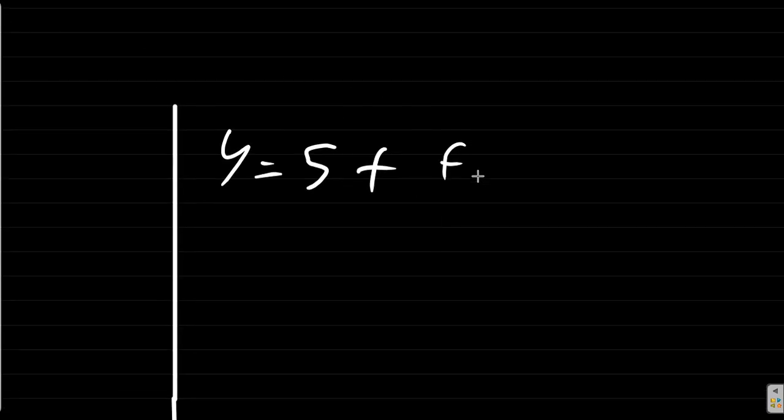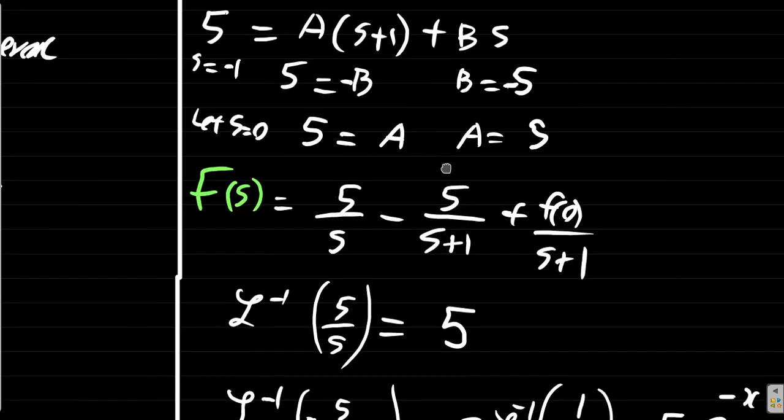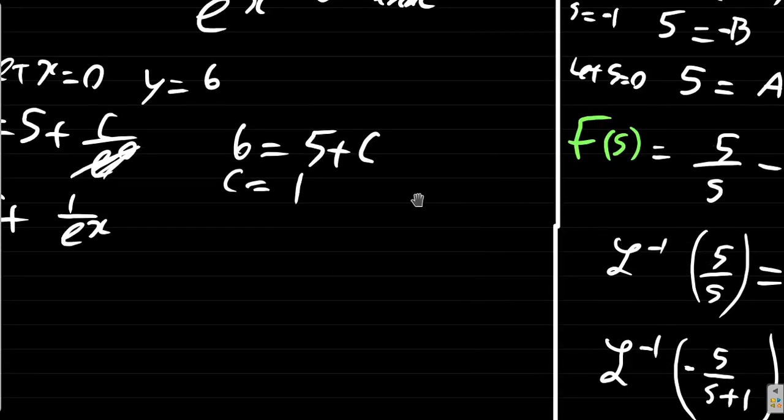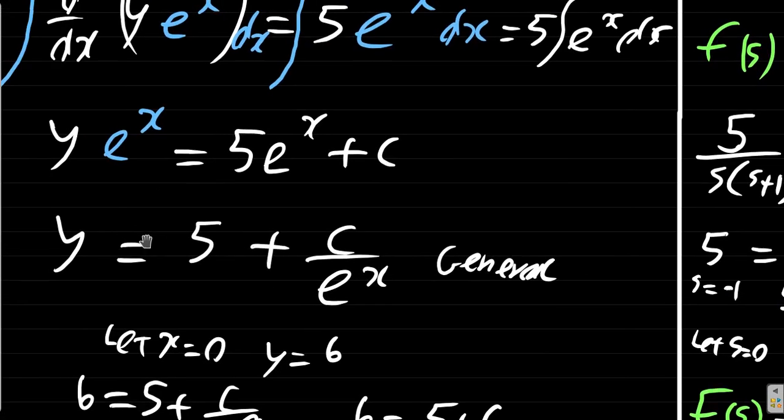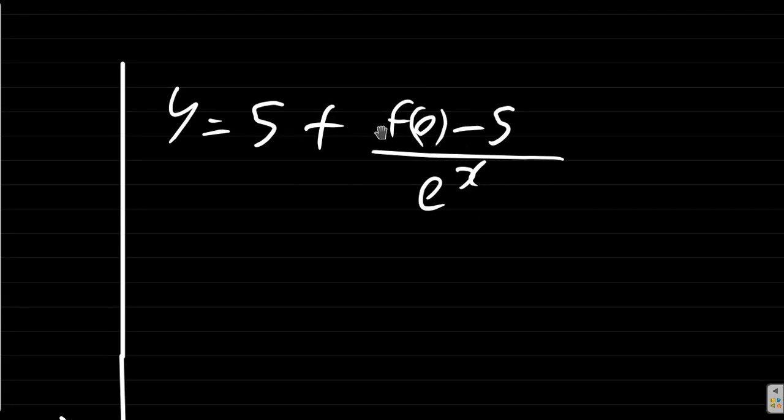Looking at them, using the integrating factor method it was 5 plus c over e to the x. Using the Laplace transform it is 5 plus this over e to the x, where this now would be like the c. Now let's apply the initial condition.